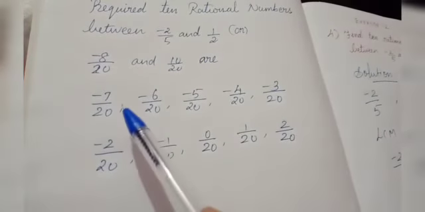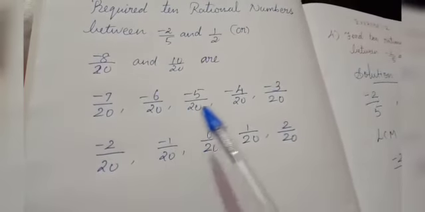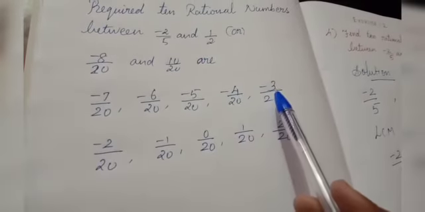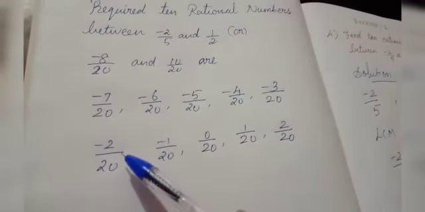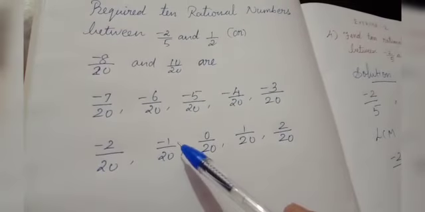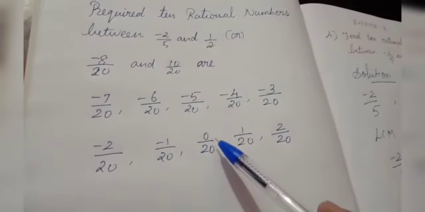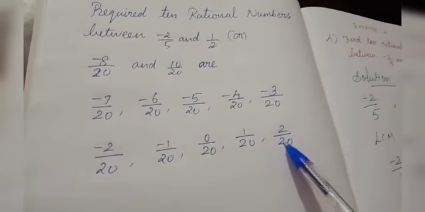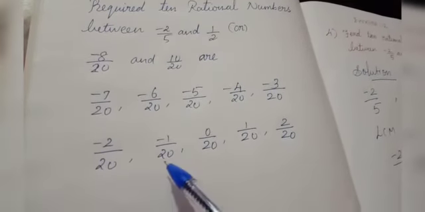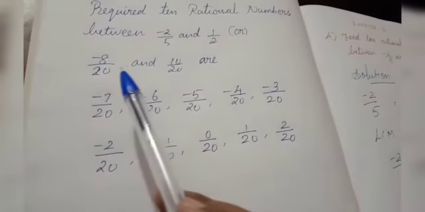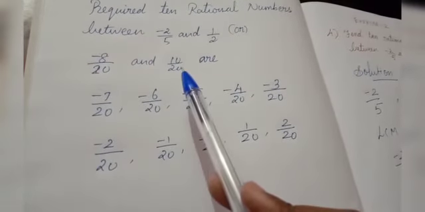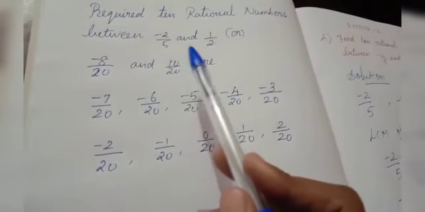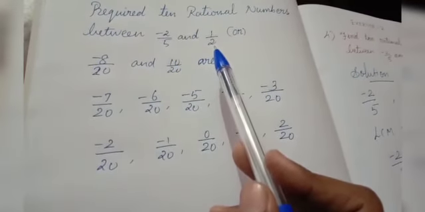So here minus 7 by 20, minus 6 by 20, minus 5 by 20, minus 4 by 20, minus 3 by 20, minus 2 by 20, minus 1 by 20, 0 by 20, 1 by 20, 2 by 20. These are all the required rational numbers between minus 8 by 20 and 10 by 20, or what can you say, minus 2 by 5 and 1 by 2.